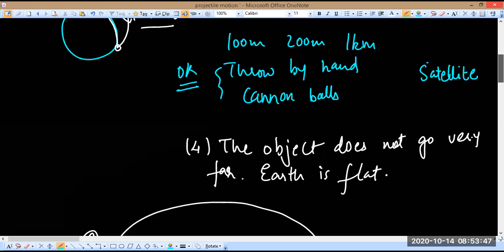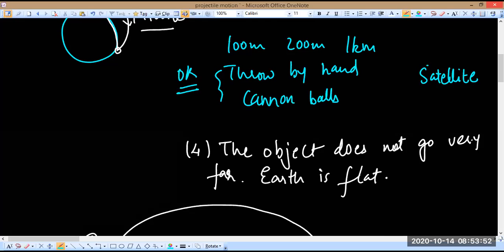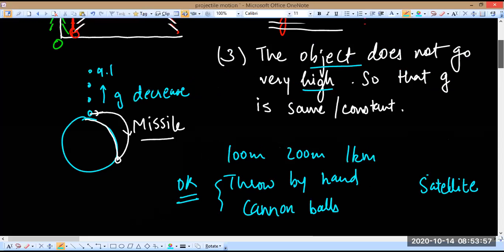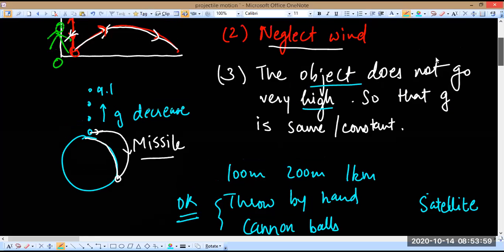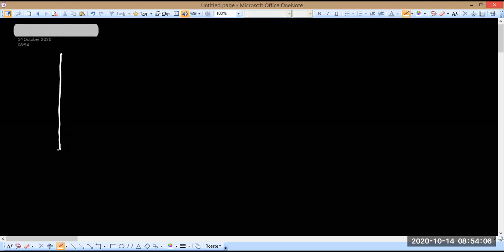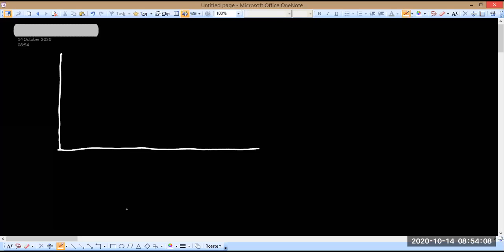All right? So with these assumptions, let's start. First let's teach the terms. Okay, let's draw a nice diagram. Right now we are talking about some object which is thrown from the ground or very close to the ground. So it goes off like this.